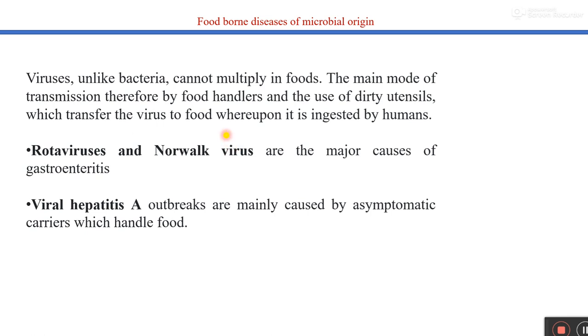So these kinds of viruses spread through different kinds of dirty utensils, or you can say they spread contagiously or through contact.